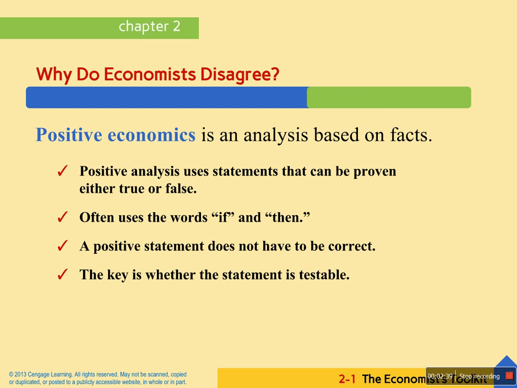Okay, and the title of this is Why Do Economists Disagree? There are two different ways to analyze different economic questions. One of those is positive economics, and this type of economics is probably the most useful, although not the only useful, is based on facts alone. If and then, so you know that everything in positive economics is measurable by facts.